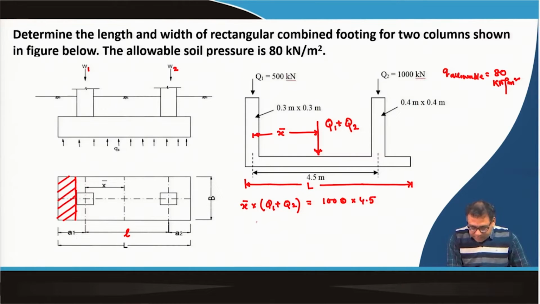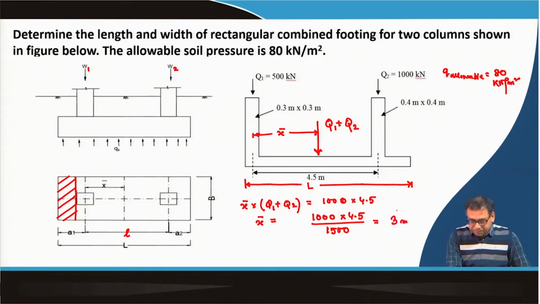So, x bar will be equal to 1000 into 4.5 divided by (W1 plus W2), which is 1500. So, this is equal to 3 meter. So, the x bar is 3 meter.